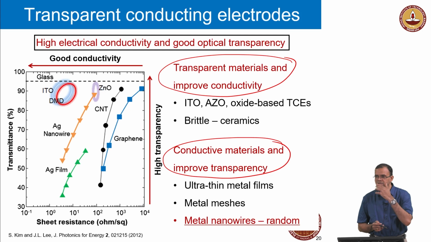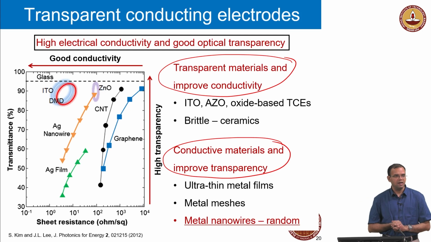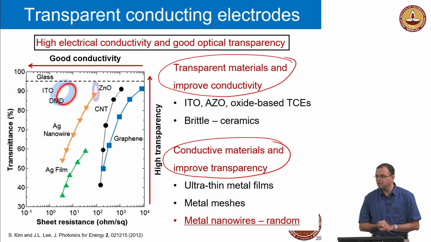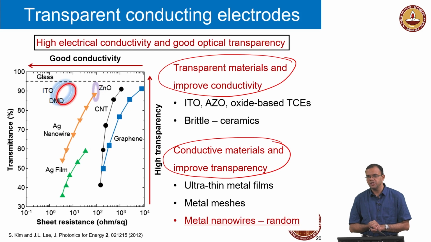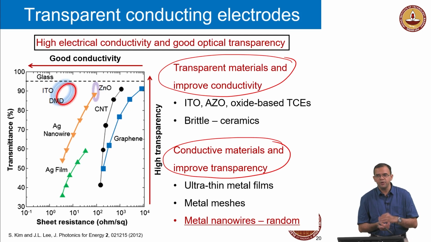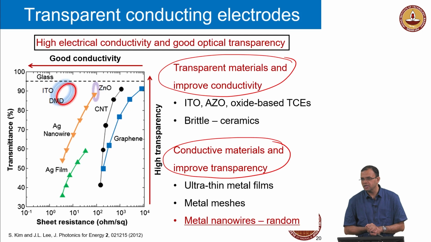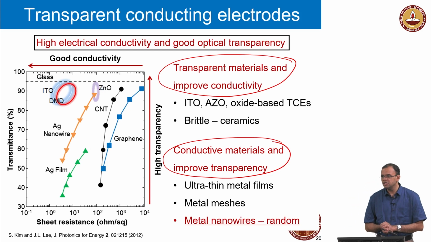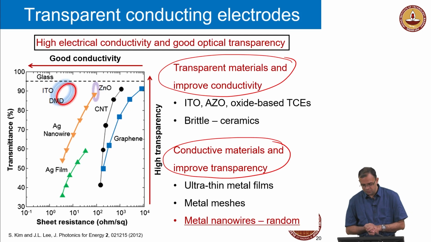So normally when we think about conductive materials, metals are the ones we think about. So these could be silver, gold, copper of course is the most well known conductor. The problem of course is metals are all opaque, right? They don't allow light to pass through.